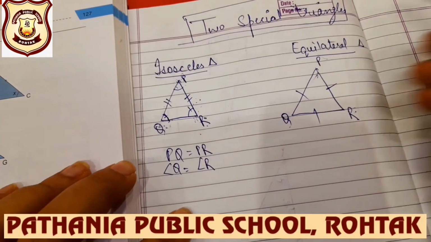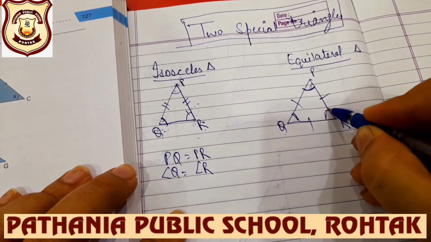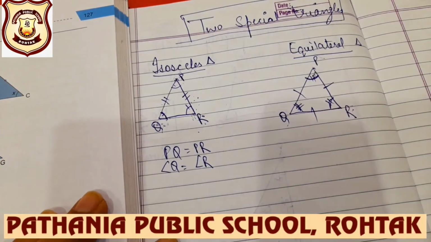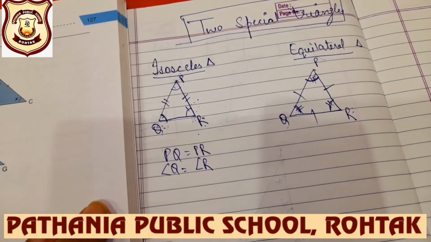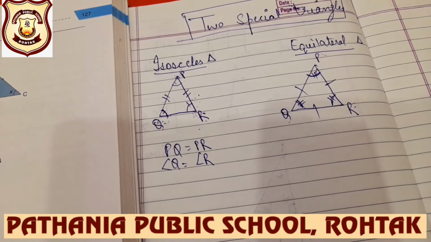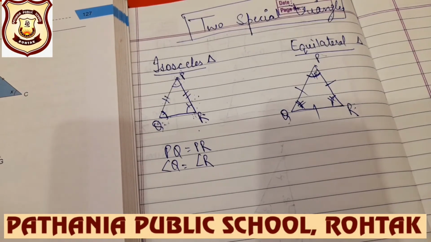Also angles P, Q and R are also equal. So in an equilateral triangle, sides are of equal measure and angles are also of equal measure.